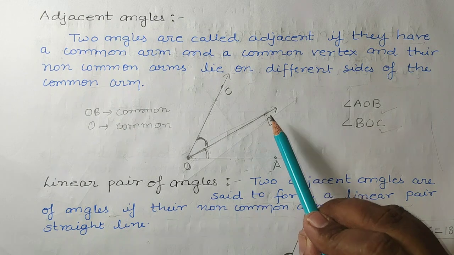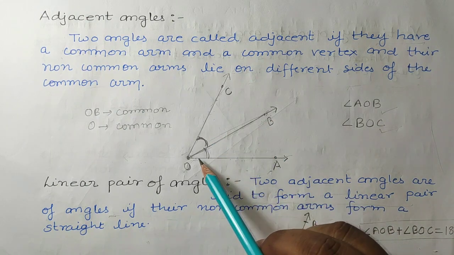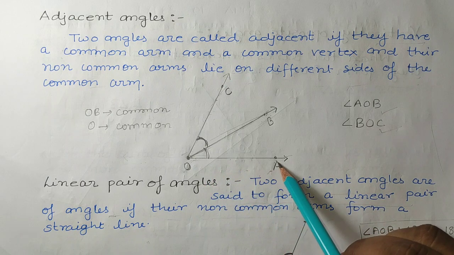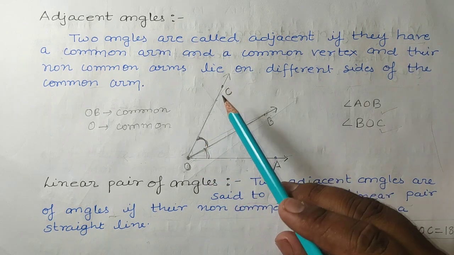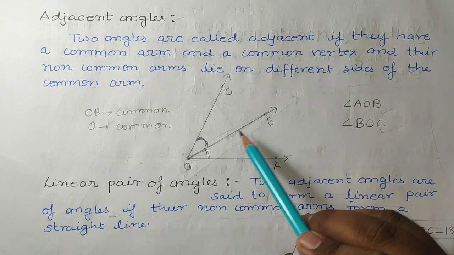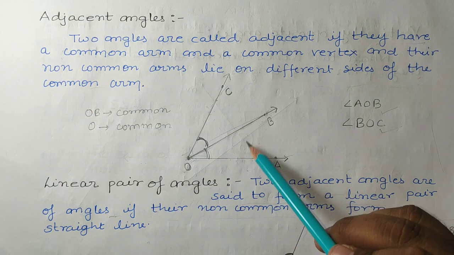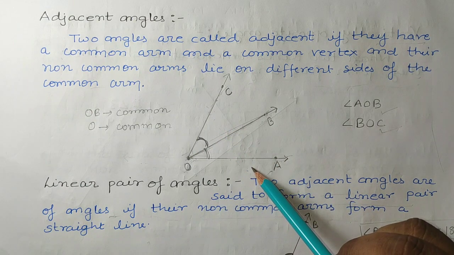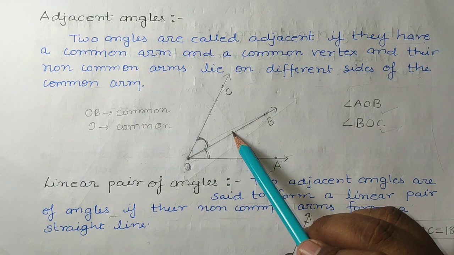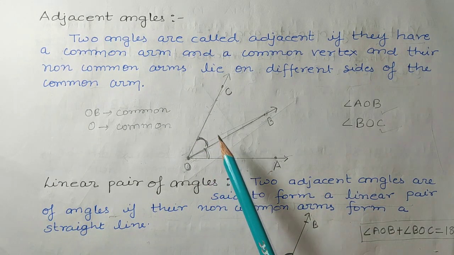And the third is that their non-common rays, OA and OC, should lie on different sides of OB. Like OC is lying on this side of OB and OA is lying on this side of OB.